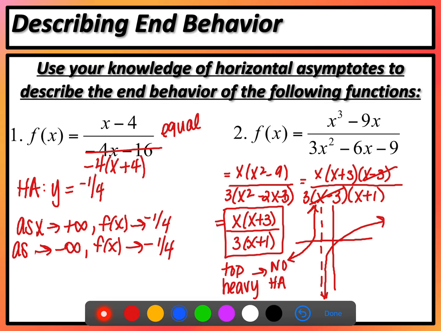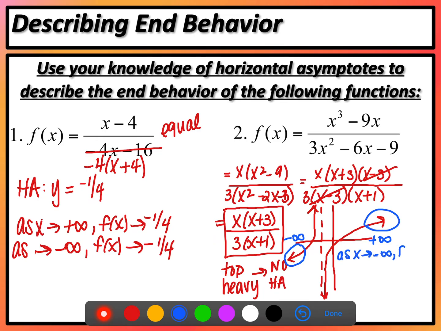Okay, now there are 4 ends here. You see 4 little arrows. We are not writing 4 statements of end behavior. We are only writing the statements of end behavior as x goes out to positive infinity, which is this guy, and as x goes out to negative infinity, which is this guy.